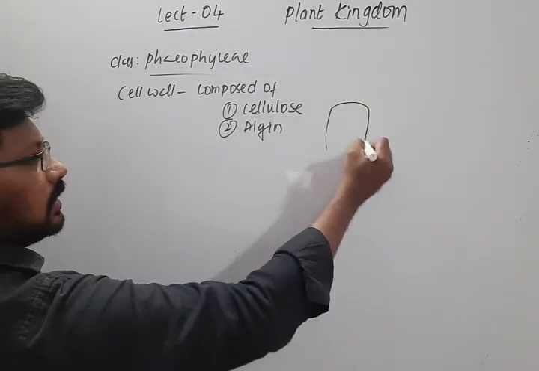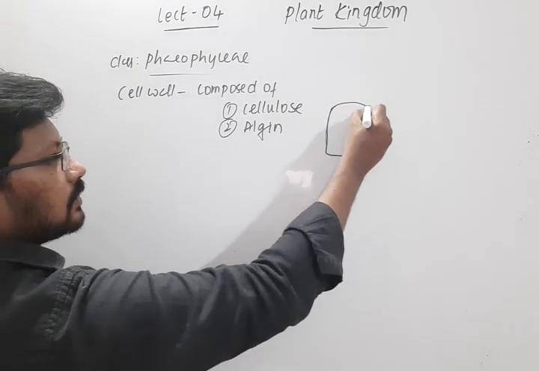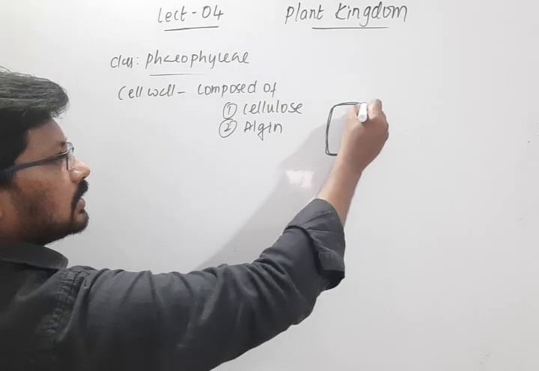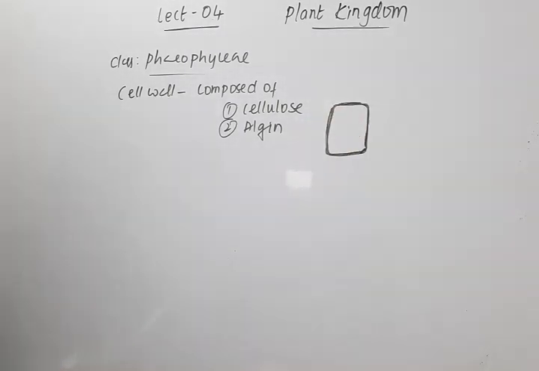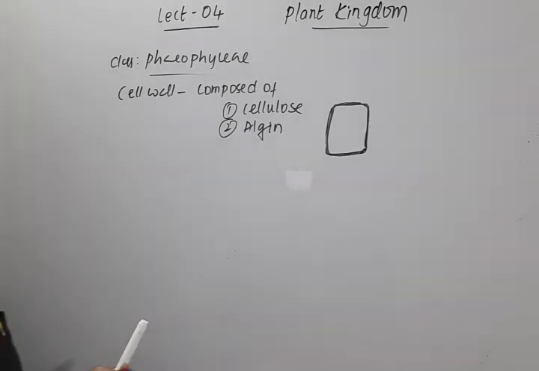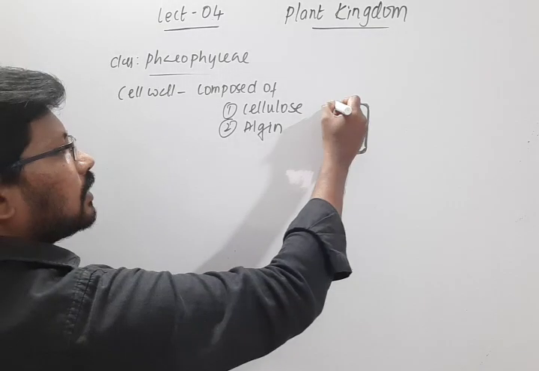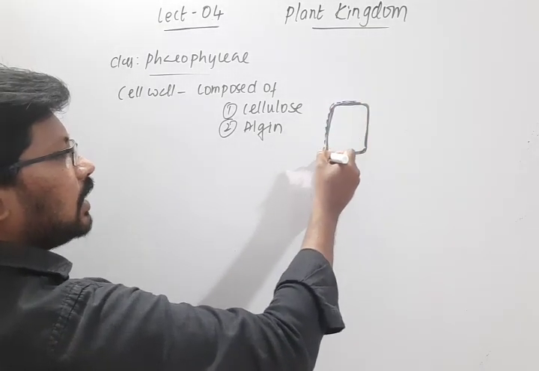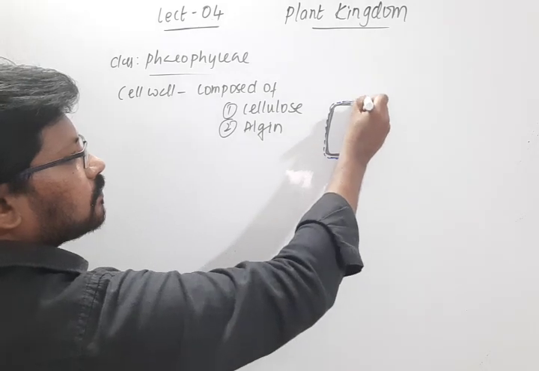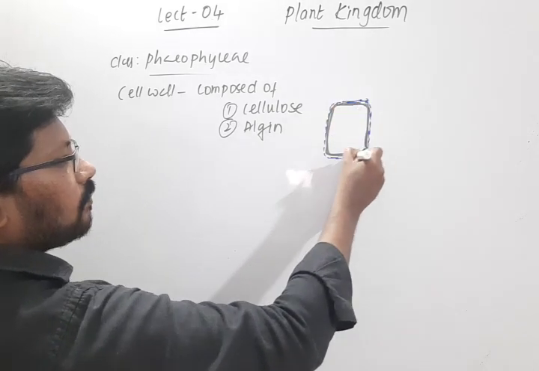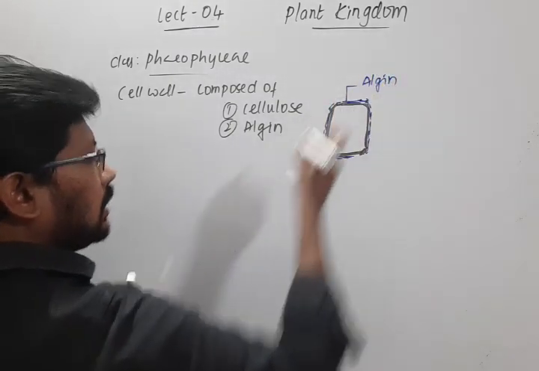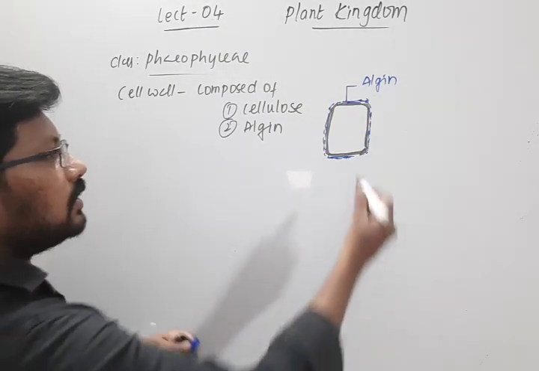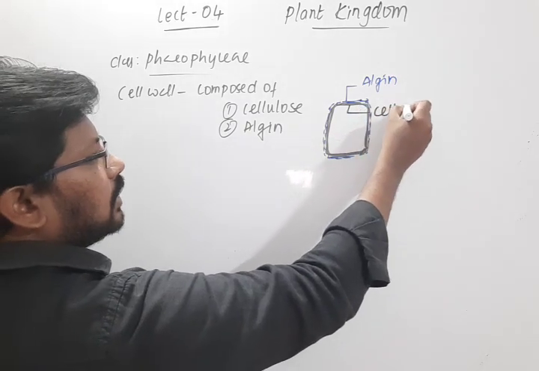So when we see this is the cell wall, and that cell wall is covered by algin. So this is the algin substance, I'm just mentioning it. This is algin, and the innermost one is cellulose.